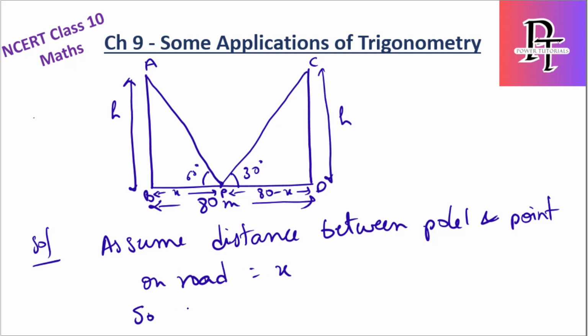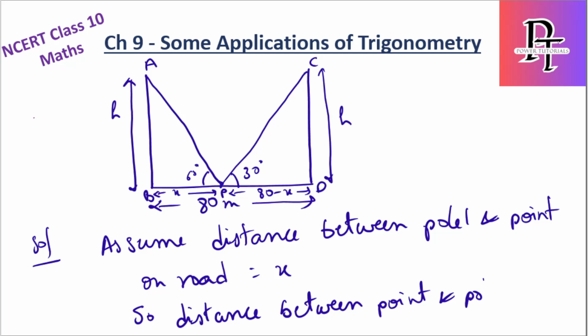So the distance between the point and pole 2 will now become 80 minus x, because the total length is 80.